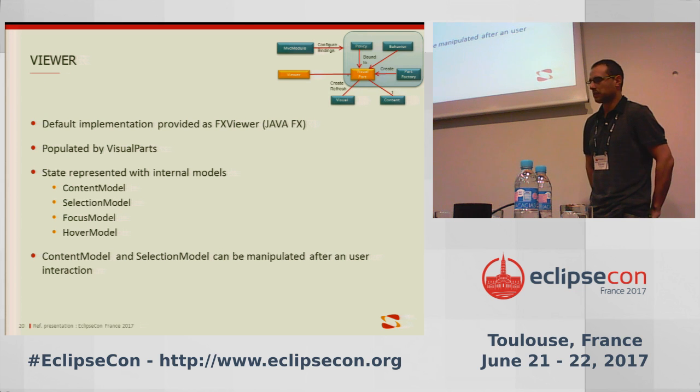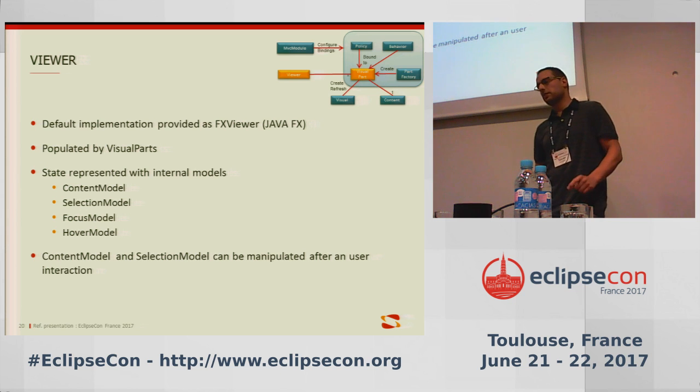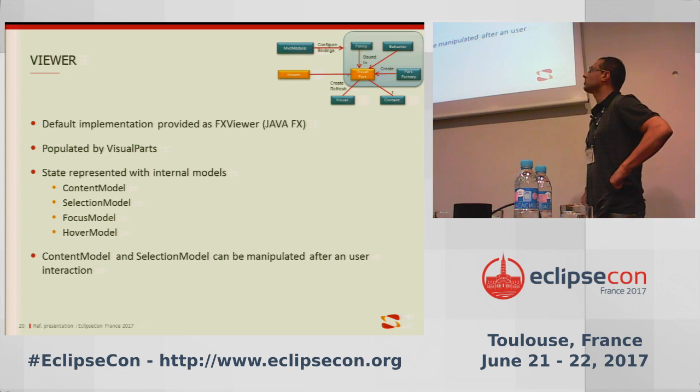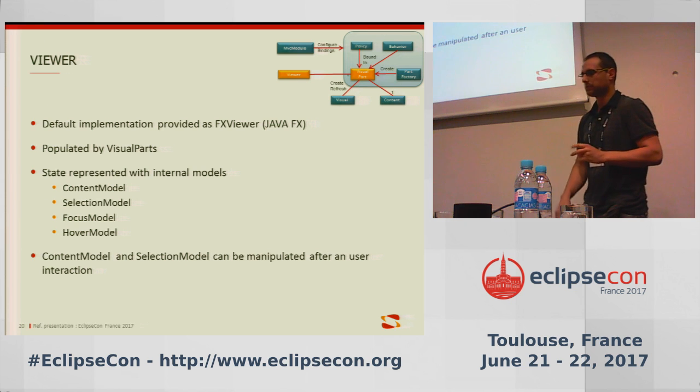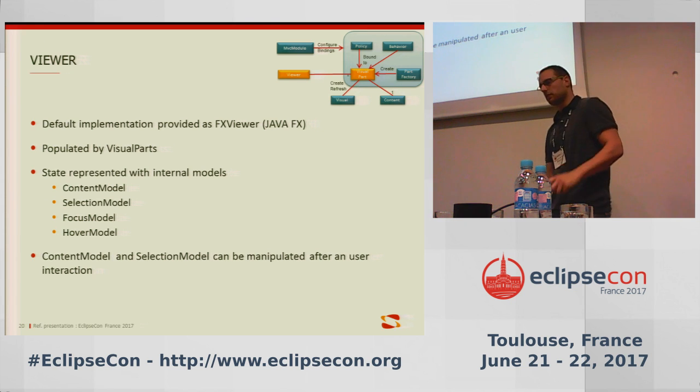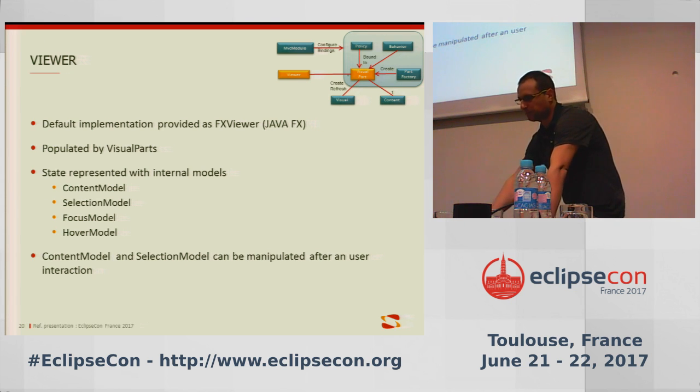So internally in the viewer, the model is represented by 4 different models: the content model for all the content you are displaying on the viewer, the selection model, storing the element selected, the focus model to know which element is focused, and the hover model to know the current element hovered.